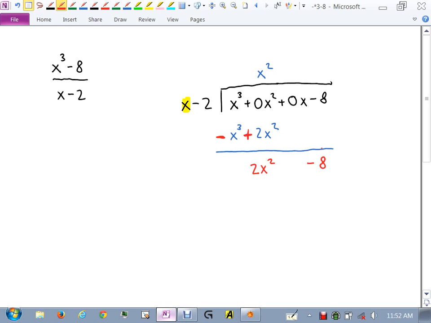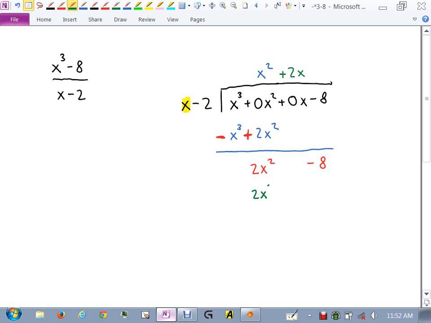Questions? How do you turn x into 2x squared? I multiply by 2x, so I put plus 2x up here. Now you multiply this 2x through each one of those. What's 2x times x? 2x squared.